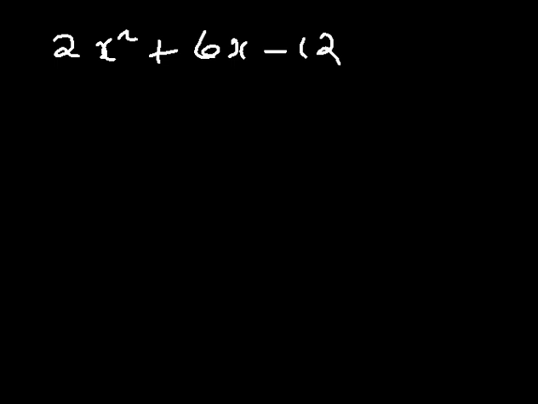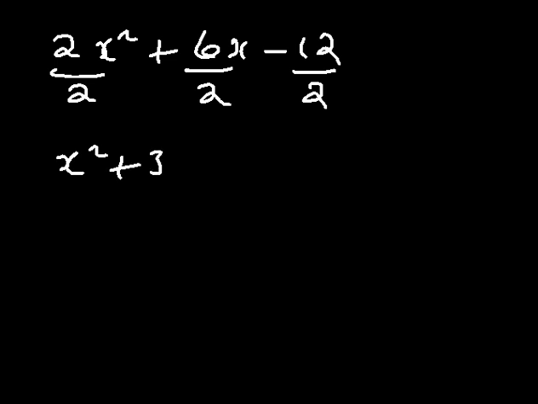From the fact that the coefficient of x squared, which is a, is no longer 1, we'll have to make sure that it is given as 1. We'll divide everything by 2. So we'll have x squared plus 3x minus 6. Now you can complete the square of that expression on your own.